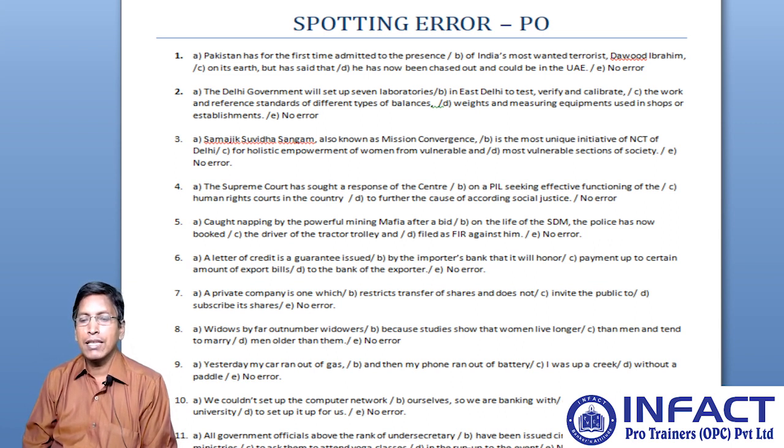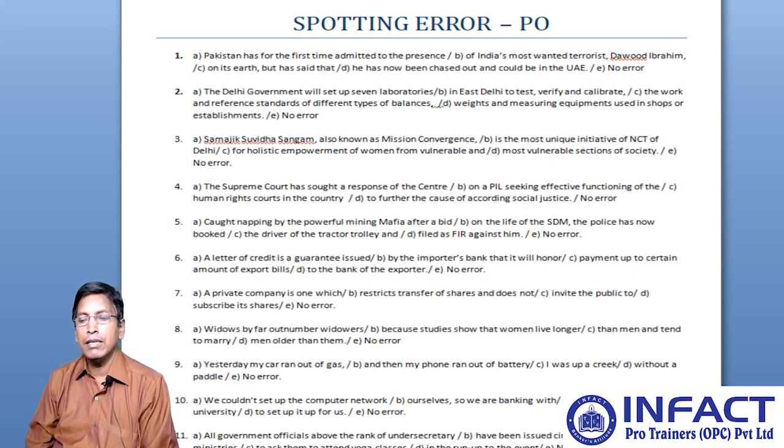Now let us take the third part. For holistic empowerment of women from vulnerable and. Is there any correction required? But I think in the second part it says that is the most unique initiative of NCT. Is it the right word? Instead of saying the most, can we say unique? Because it's unique, which means it is not prevailing somewhere else or in other parts.